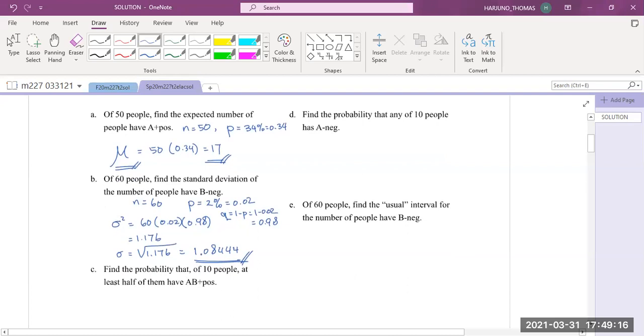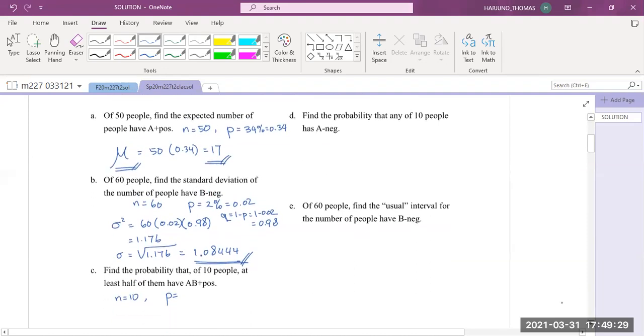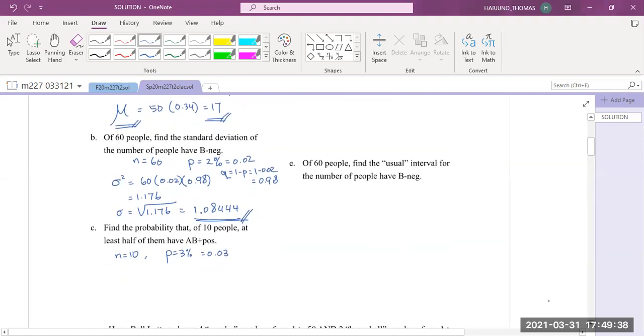Now, part C, find the probability that of 10 people, so n equals 10, at least half of them have AB positive. What is the proportion of people who have AB positive? Only 3%? That's 0.03. Now, what is the probability at least half of them have AB positive?